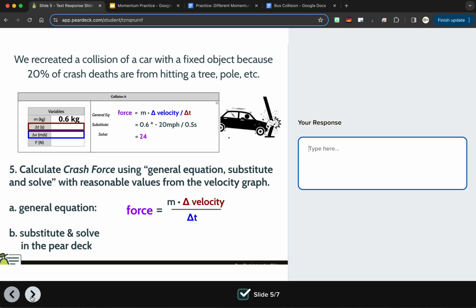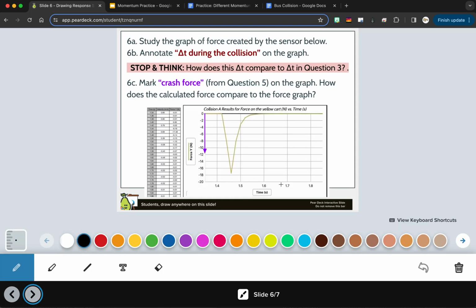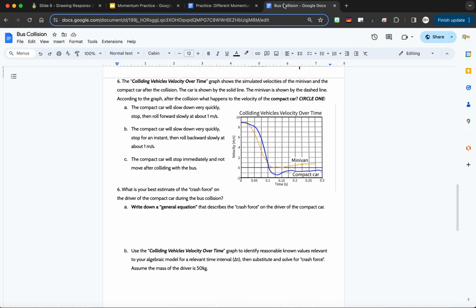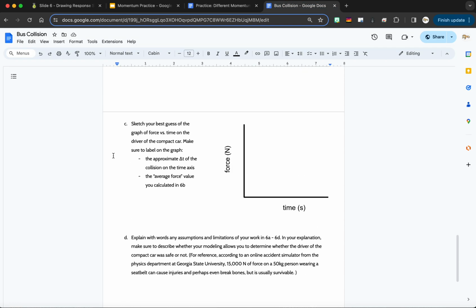This does go on to some other questions. If we want to think about actual collisions, we need to look at data for actual collisions. So on the bus collision, there's this, which is about what this force actually looks like.